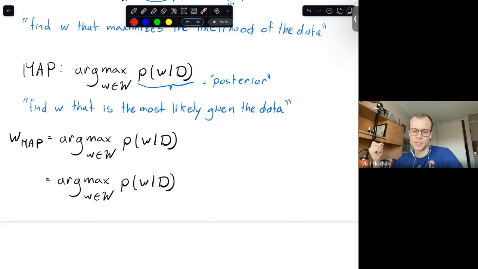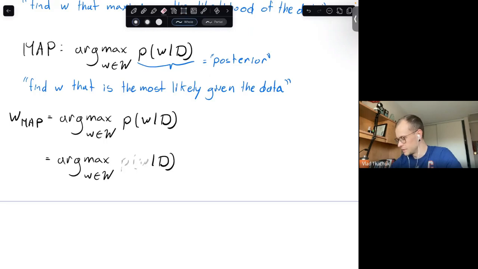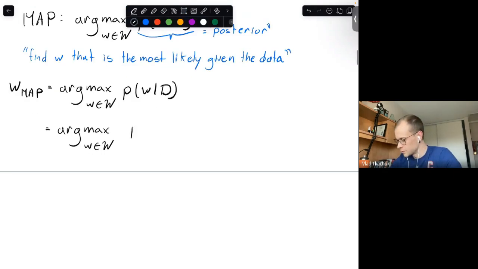So W actually has some sort of distribution, and there's some probability of W being some value versus another. Okay, so how does this work? I erase this, and I just use the definition of conditional PDFs, which is the joint at the top divided by the marginal of the thing we're conditioning on, which is the data here.